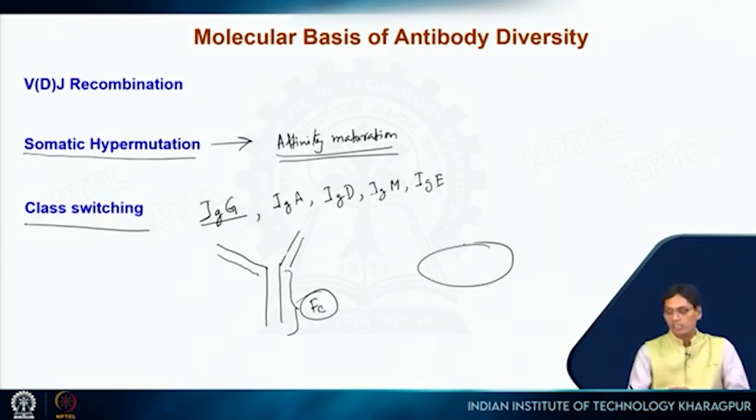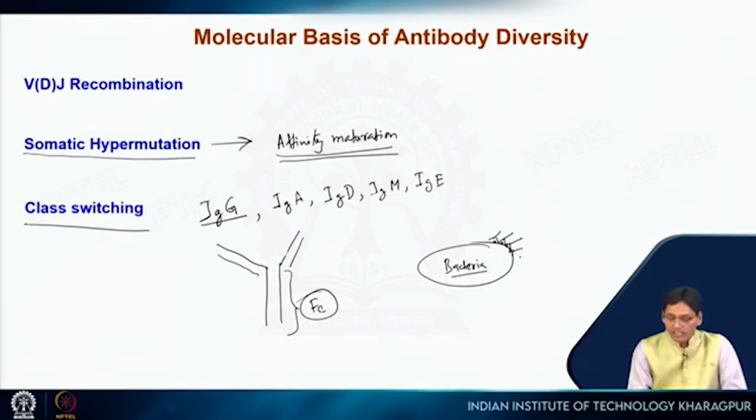So this is one bacterium, and this antibody was raised against some protein present on the surface. What do we expect? The antibody, after secretion from the plasma cell, binds to the antigen present on the surface of the bacteria.